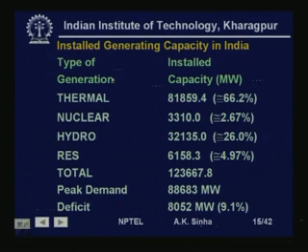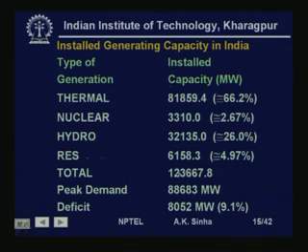Okay. Now, if we look at India, the total generating capacity available till 2005 was around 1,23,668 megawatt.